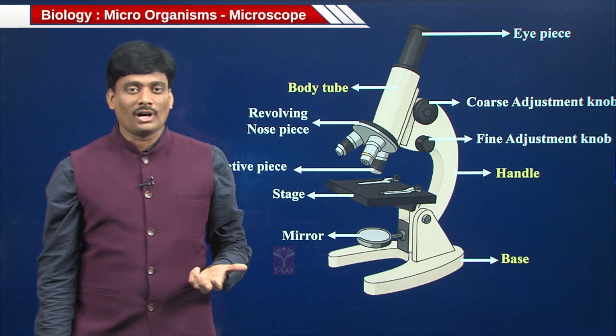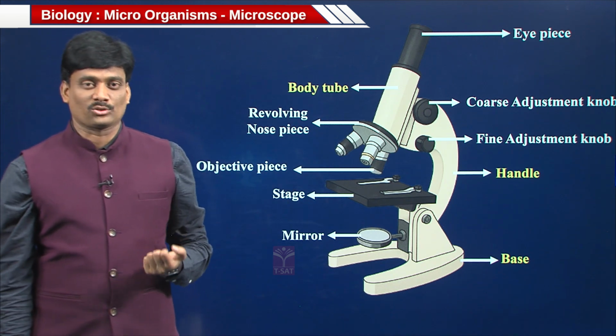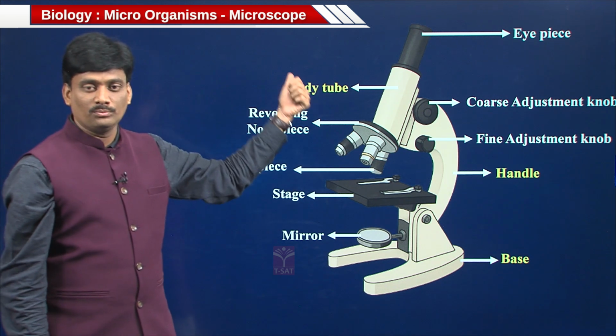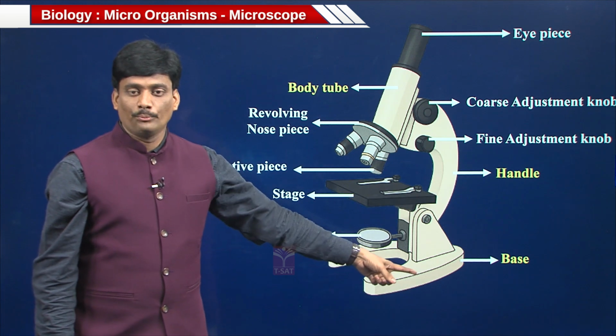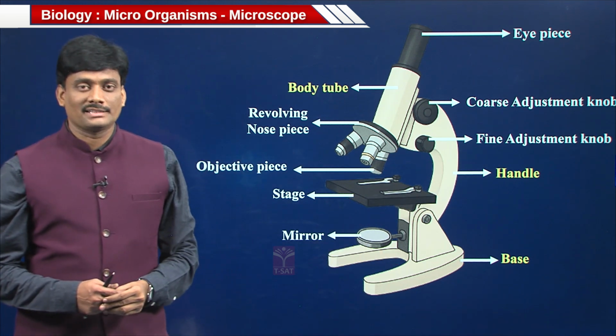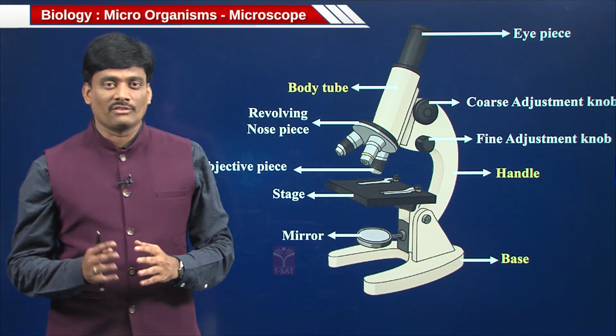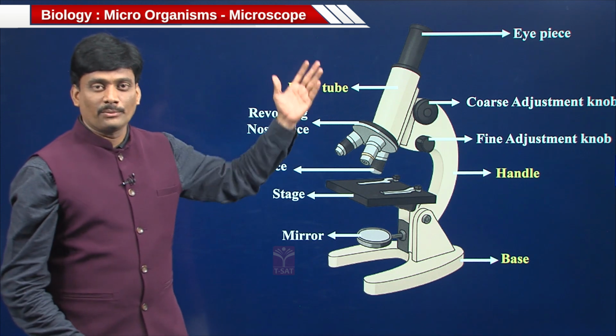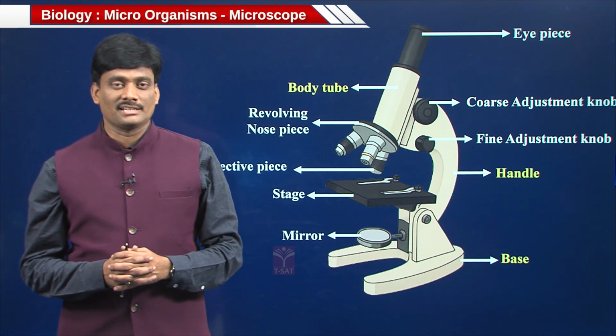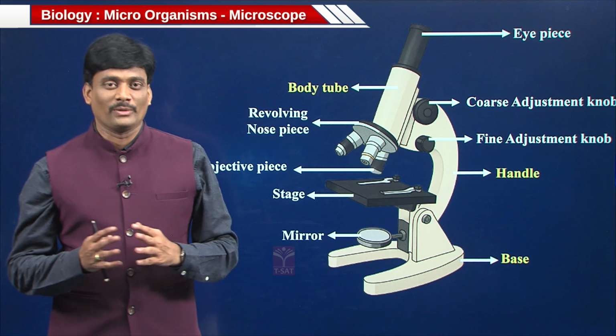These are the parts present in a microscope. Actually, body tube, handle and base are considered as structural components of a microscope, but all the remaining parts are considered as visual components of a microscope.